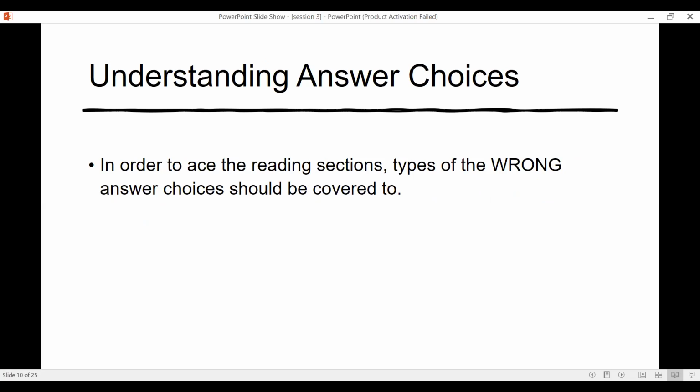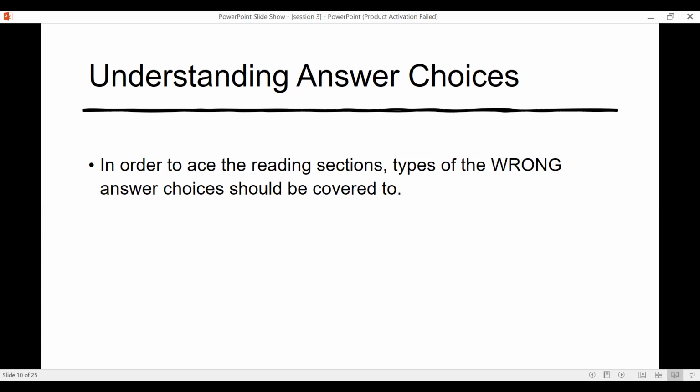So before getting into the details of the first type of questions, we need to understand the answer choices as well. We need to know the types of the wrong answers, the incorrect answer choices, so that we can avoid being tricked by those incorrect answer choices. Incorrect answer choices usually are more obvious than the correct ones.